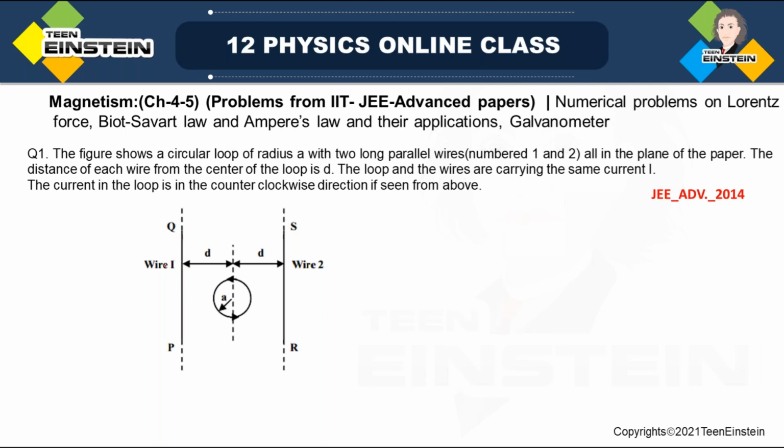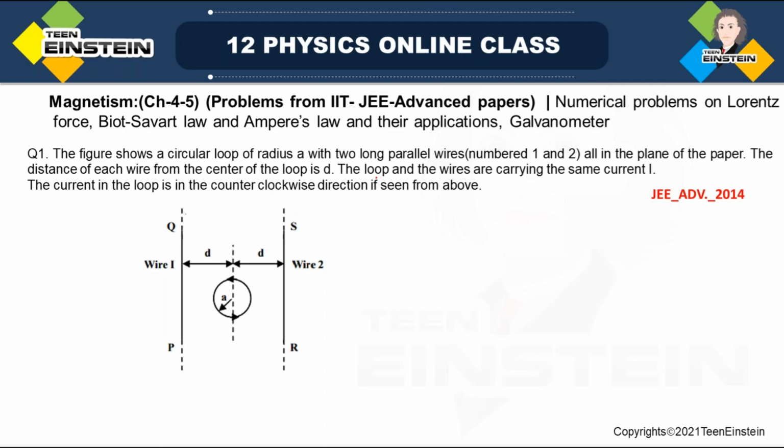PQ is named as wire 1 and RS is named as wire 2. And these broken lines at the ends of the wires indicate that the wires are infinite in length.